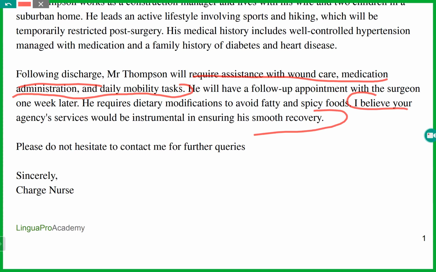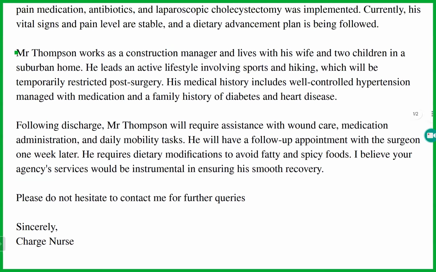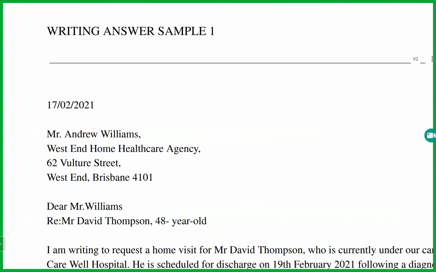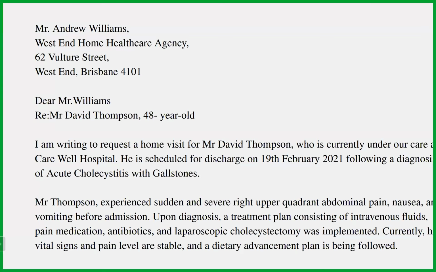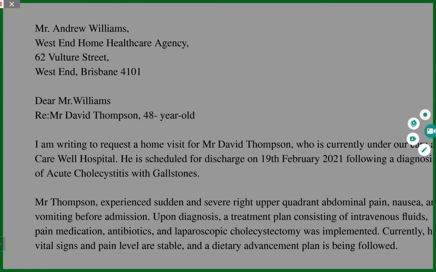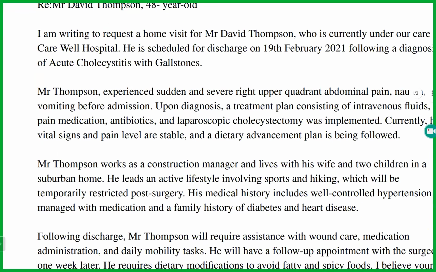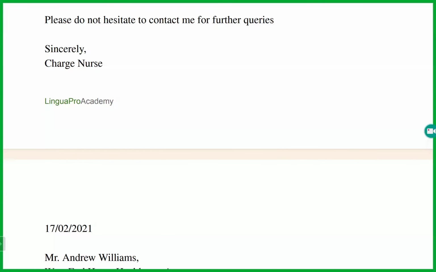So in the closing, Sincerely, comma, is there. Once you have written this, Dear Mr. William, we didn't put the comma here. Okay, we didn't put the comma here. If you put a comma after the salutation Dear and the surname of the doctor or that person, you need to put a comma after Sincerely also.